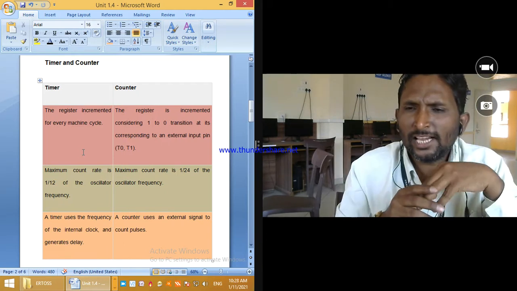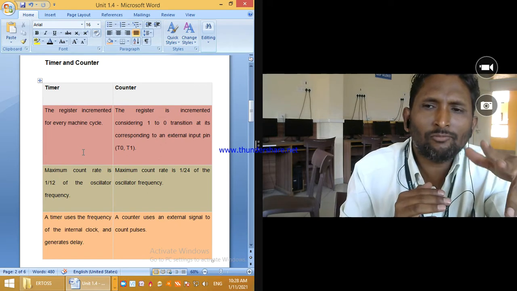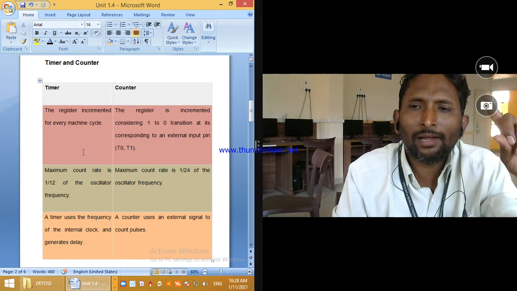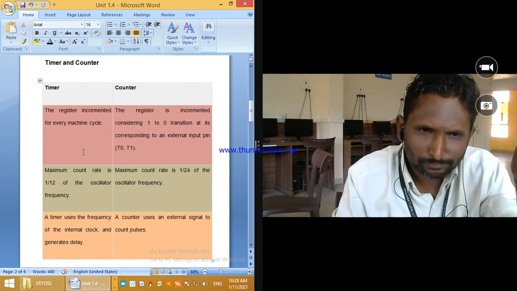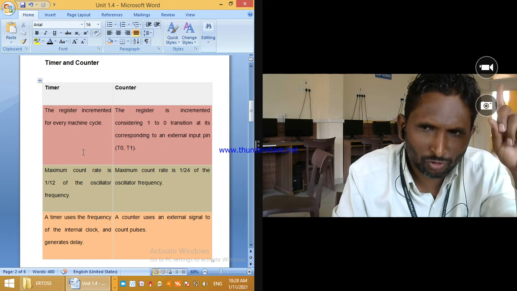Have you done the experiment in 12th physics lab or first year physics lab with the help of a vibrating fork? Have you seen that vibrating fork?